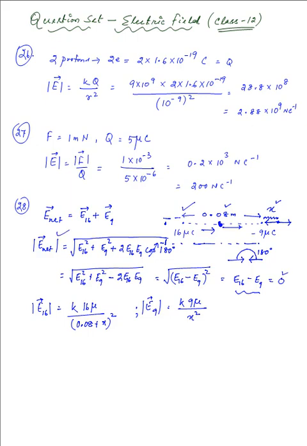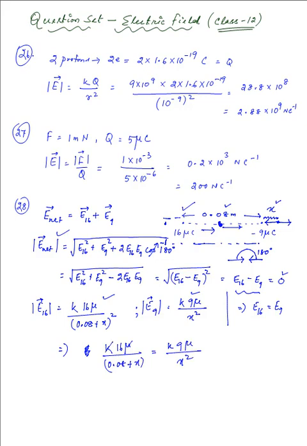So E16 has to be equal to E9, and we equate these two. So K times 16 microcoulomb divided by 0.08 plus x whole squared equals K times 9 microcoulomb divided by x squared.